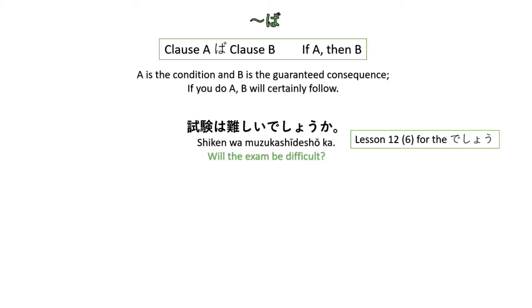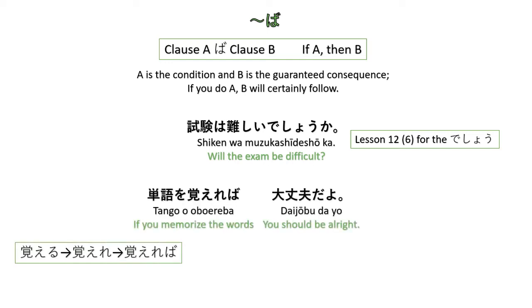Okay. Shiken wa muzukashii deshou ka? Will the exam be difficult? Tango oboereba daijoubu dayo. If you memorize the words, that is the condition, you should be alright. And this is the guaranteed consequence.